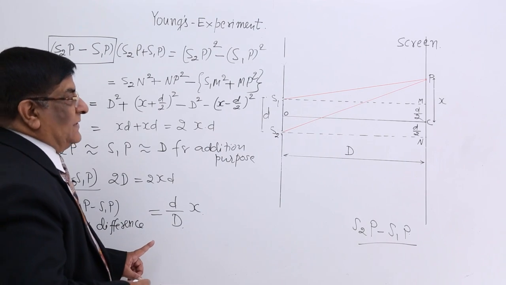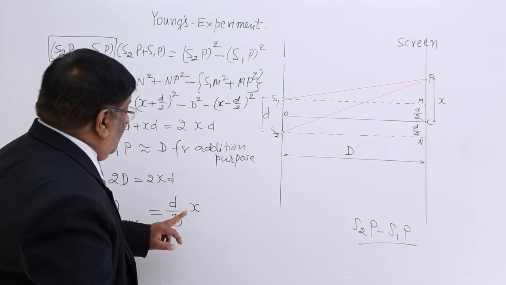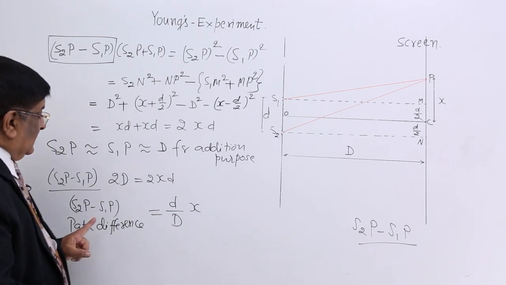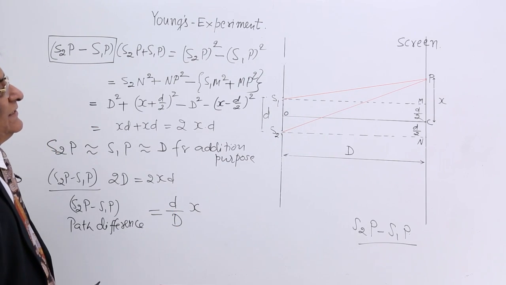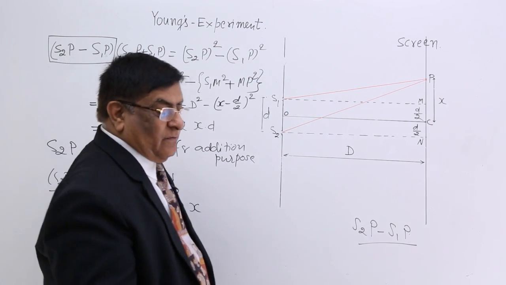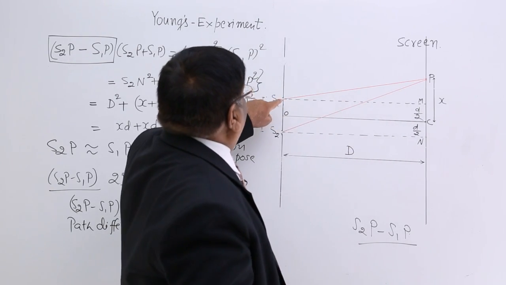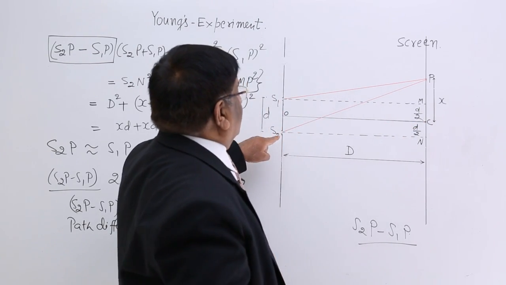So when we are increasing the value of x, the path difference goes on increasing. We can very well understand here both the sides will be equal, S1 and this.